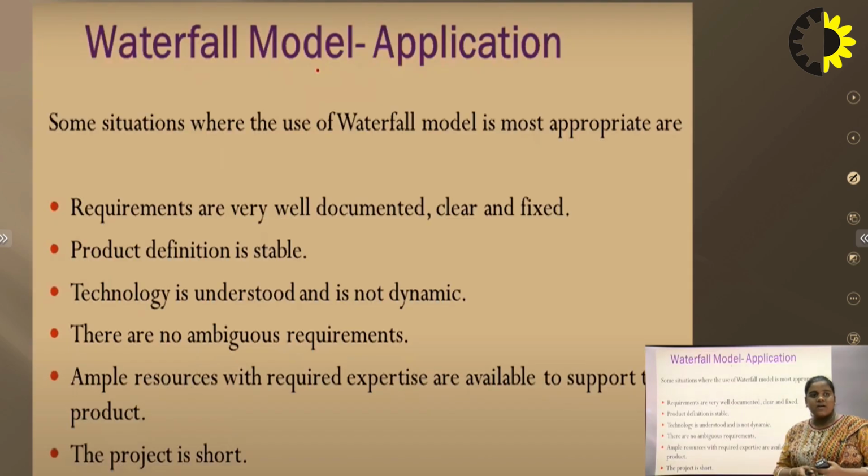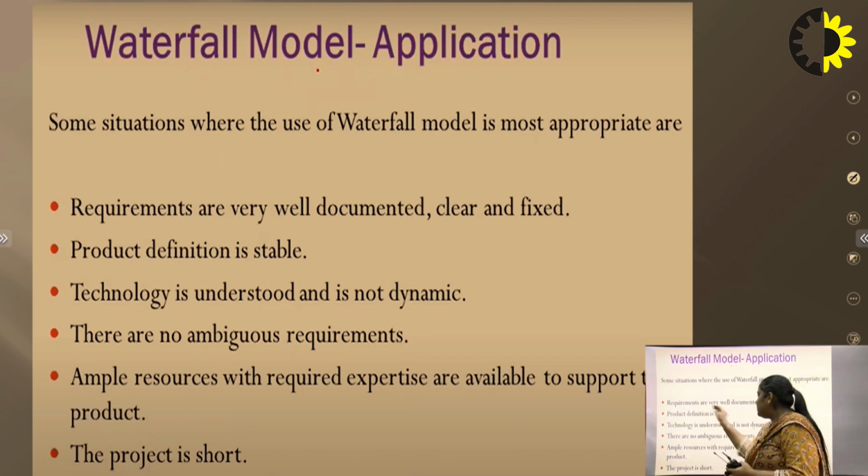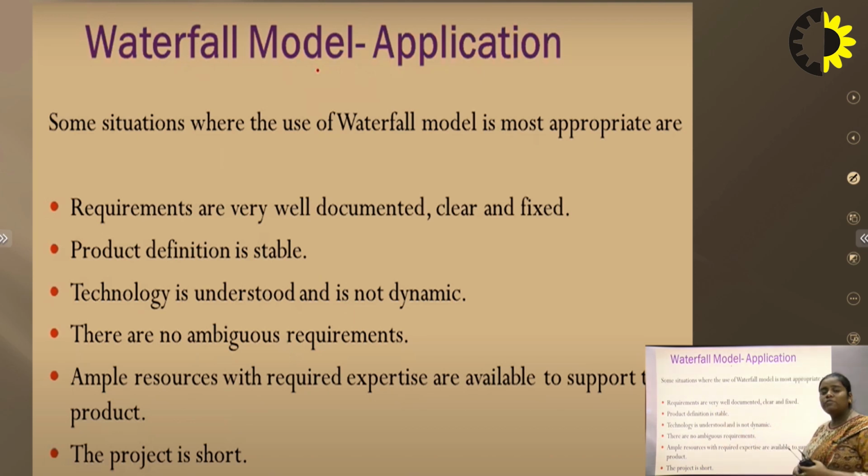Now I would like to give some applications related to the waterfall model. Here we can see that requirements are well documented, clear and fixed. It means in the waterfall model, once the requirements are fixed and we reach the design phase, we do not have an option to roll back to the requirement phase.